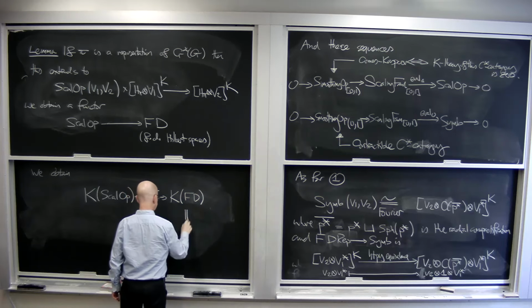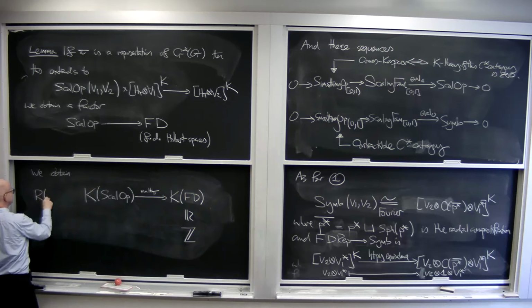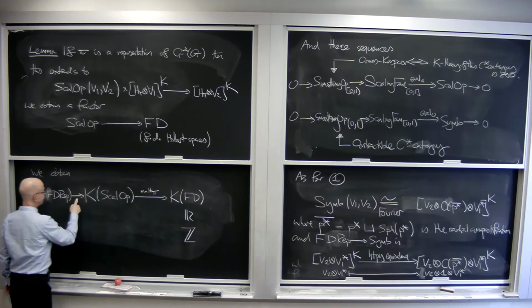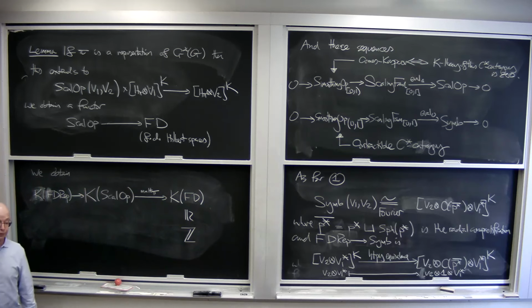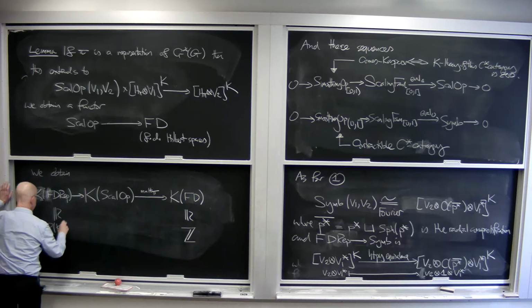So that's just the integers. Here's the K-theory of the category FD rep. Here's the map which we were discussing before, which is an isomorphism. This thing is just the representation ring of K.